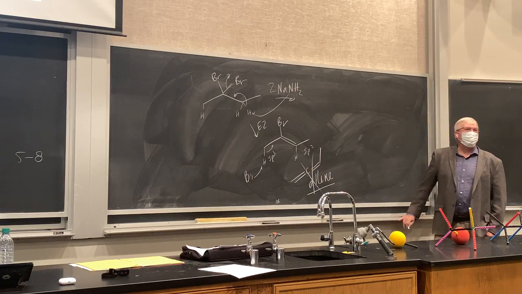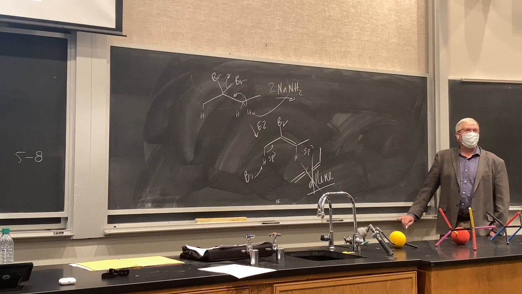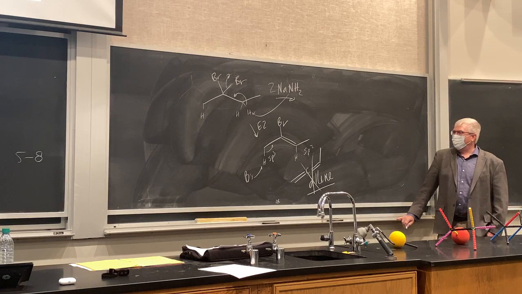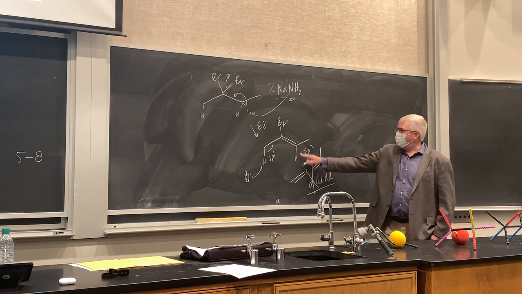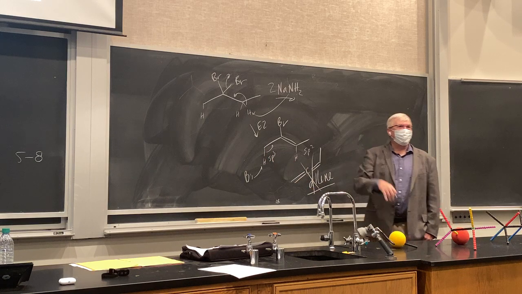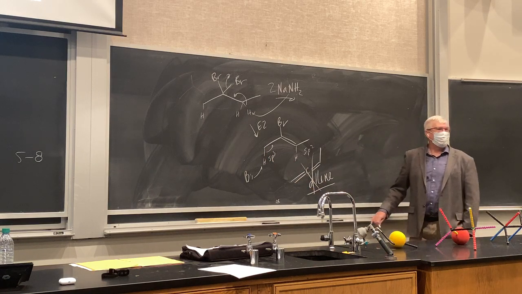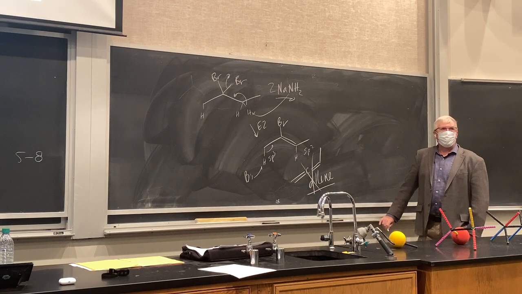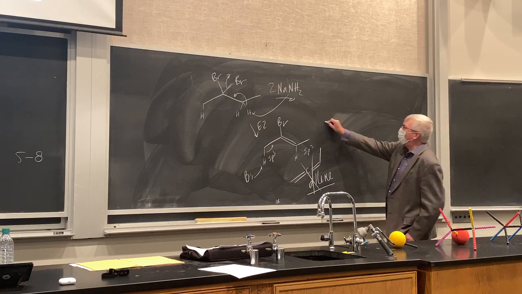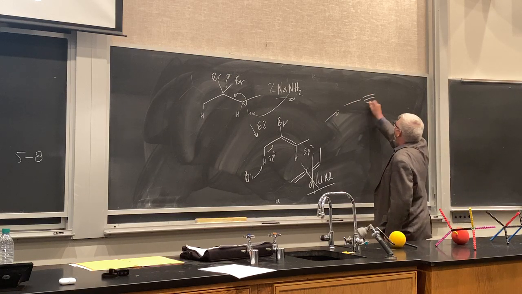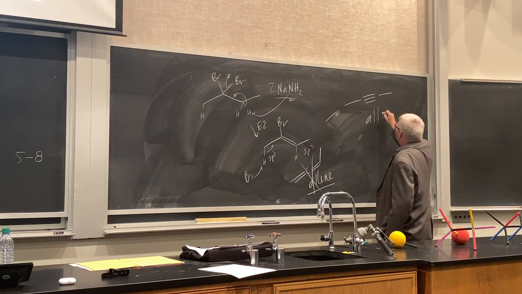So it's not just the bond dissociation energy. We'd think that one would be the favored one to go. This is indeed a stronger bond here than this one. But look back in chapter 6 at the bond dissociation. So it's got to be another factor here, because the observed product is this, the alkyne.